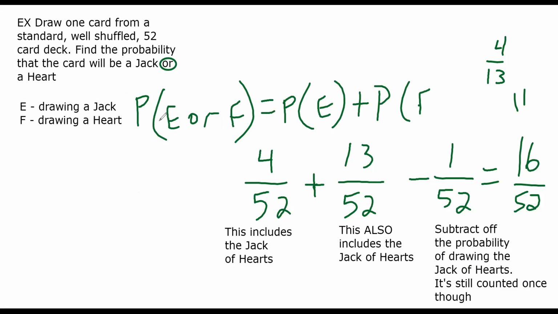You add their individual probabilities, but then don't forget that when you do this and they're not mutually exclusive, you're double counting the number of things that are both E and F as well. So you need to subtract it off once. Minus the probability of E and F.